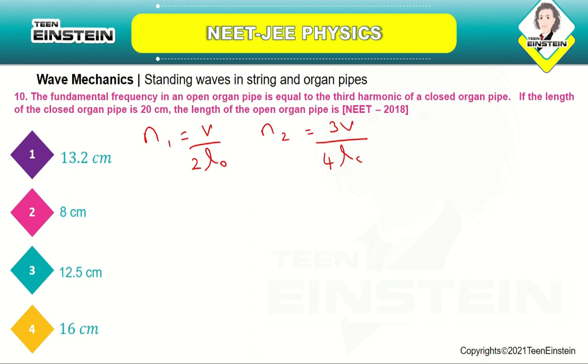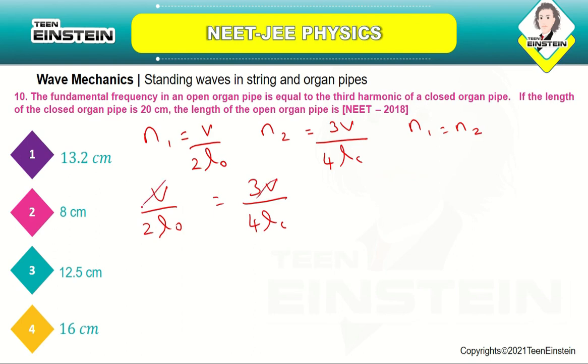Here they are giving you a condition that both are equal, that is the fundamental frequency of open organ pipe is equal to the third harmonic of a closed organ pipe. So N1 is equal to N2, and this will automatically become V by 2L0 is equal to 3V by 4LC.